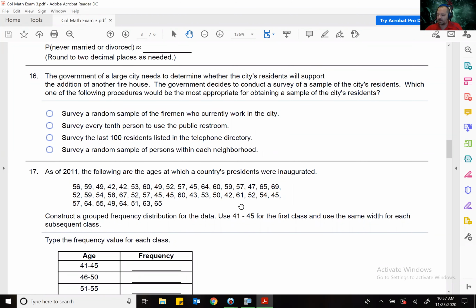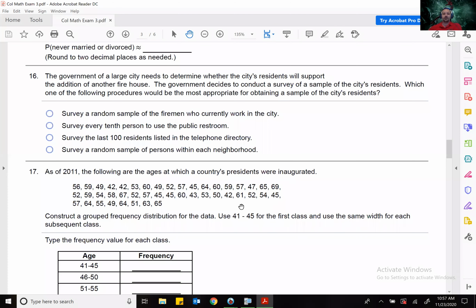So the first one is you're surveying only firemen. Of course, they're going to say, let's build another one. Why not? Okay. So it's a little bit biased in that one. The firemen are going to say, yeah, sure, let's do it. All right. The next one, survey every 10th person who uses the public restroom.